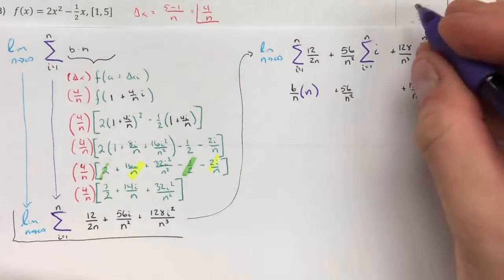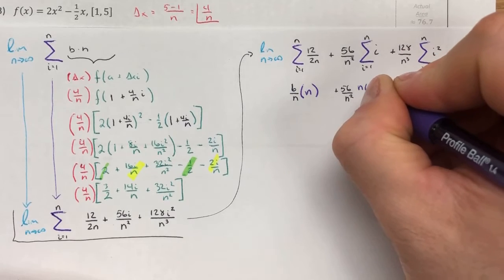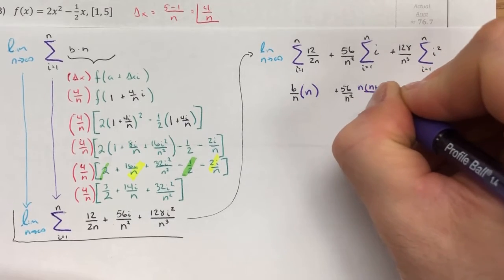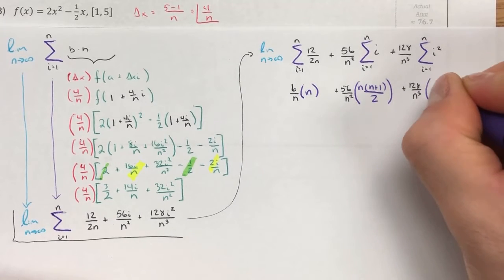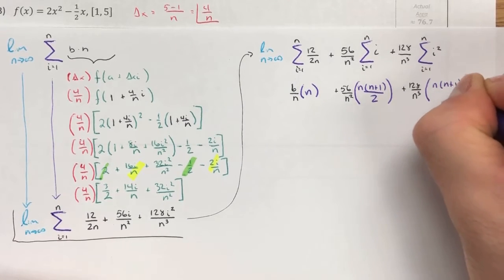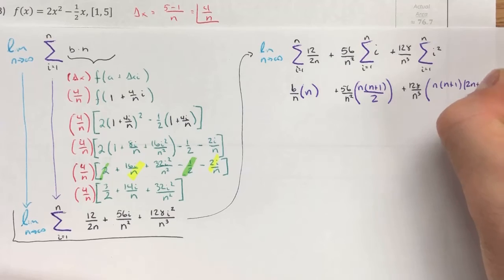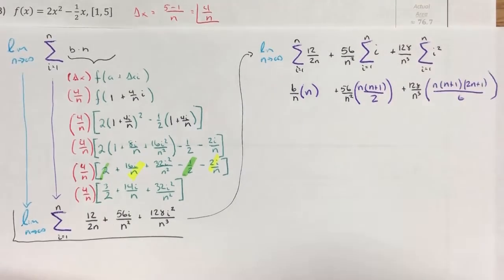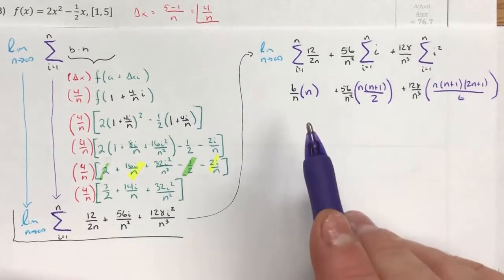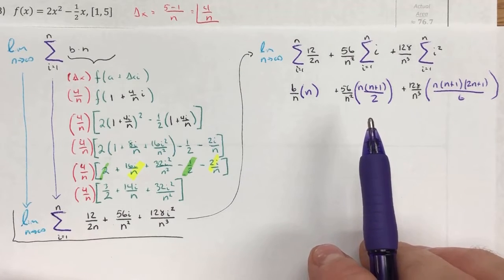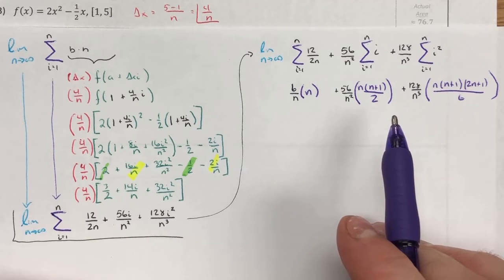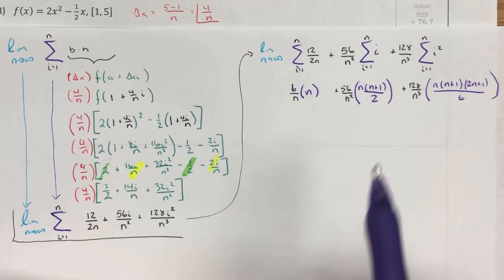When it's the summation of i, this is going to be n times n plus 1 all over 2. And i squared is going to be the sum of n times n plus 1 times 2n plus 1 all over 6. Cool. And now we're going to simplify these in the same way that we did previously. We're going to combine them all together, hopefully into one simplified fraction.